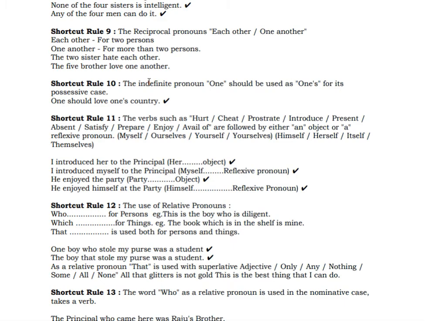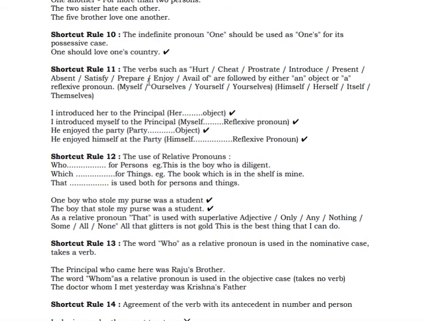Okay. Let's go to rule number 11. The verbs such as hurt, cheat, prostrate, introduce, present, absent, satisfy, prepare, enjoy, avail of are followed by either an object or a reflexive pronoun, such as myself, ourselves.